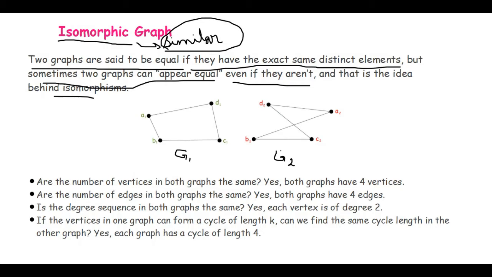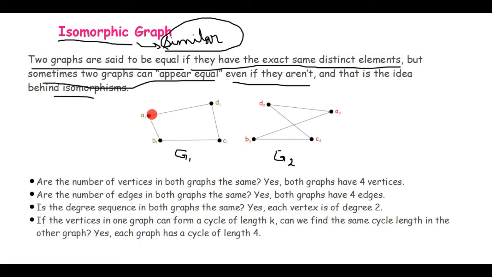G1 has vertices A, B, C, D, and even G2 has vertices A2, B2, C2, and D2. But if you observe closely, only the structure is different.